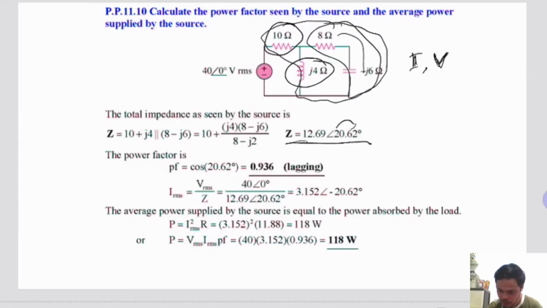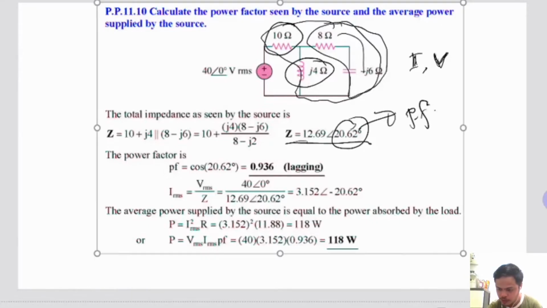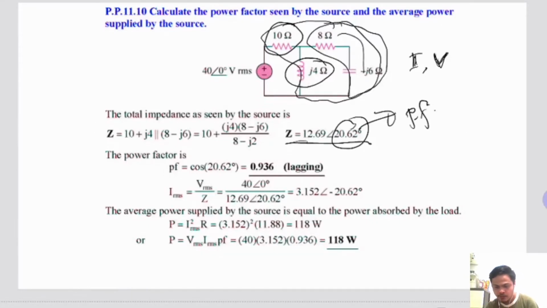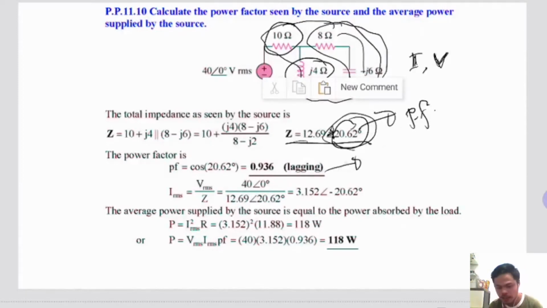This angle can be considered also as your power factor in the system. Therefore, the cosine of 20.62 is 0.36 lagging because the angle of our impedance is positive. So this can be considered as a lagging power factor.